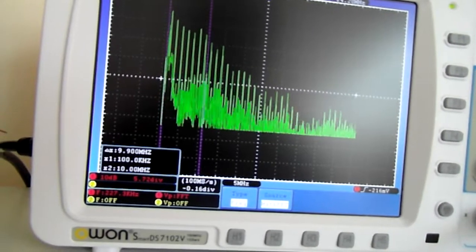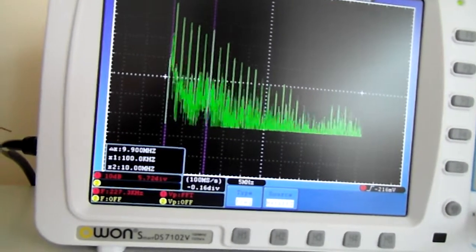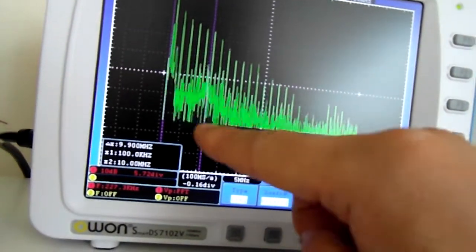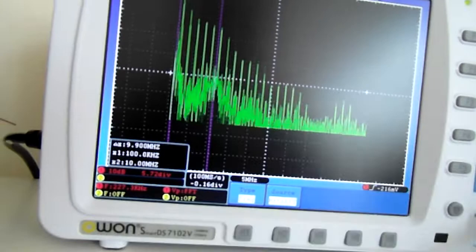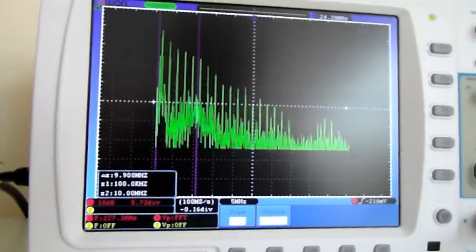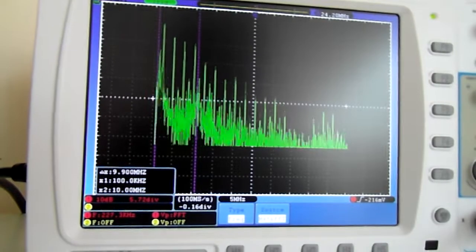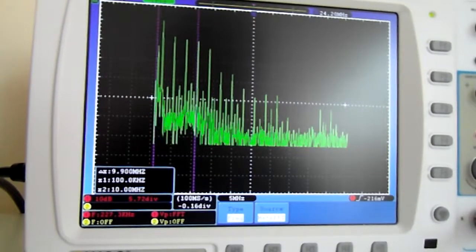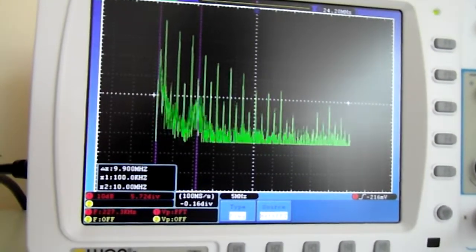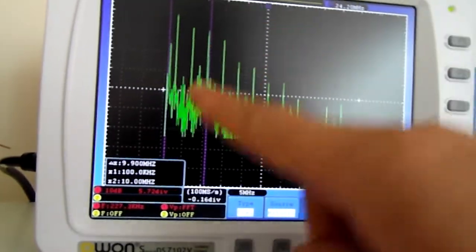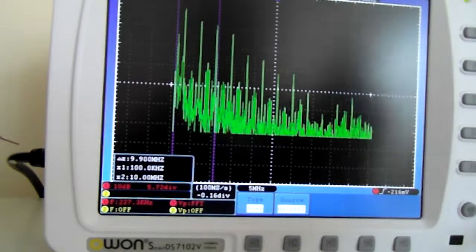Around here it still doesn't change. I think this is the ferro resonance frequency which Akula was talking about. Anyway, I'm going, it's 1.3 megahertz. Yeah, there is a tendency, always here wants to rise.